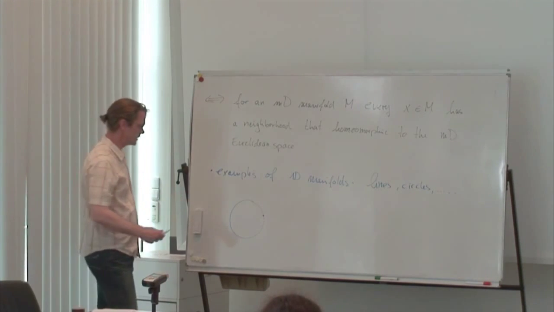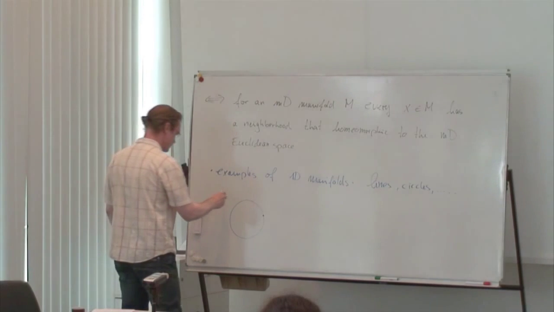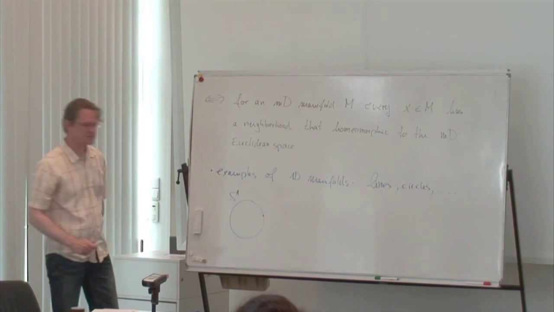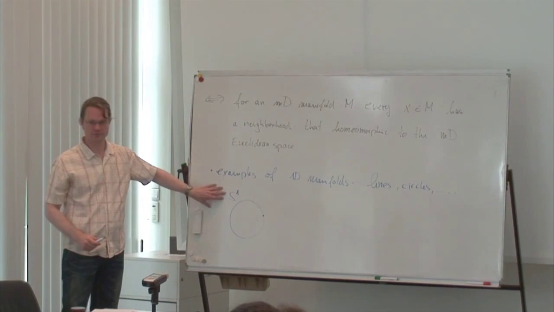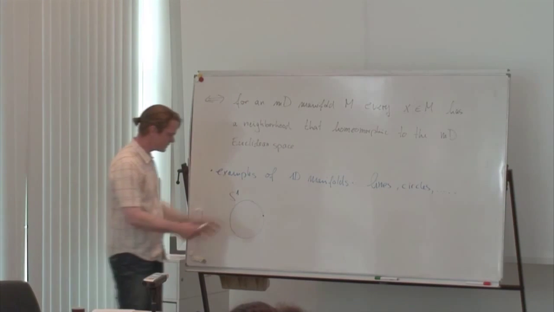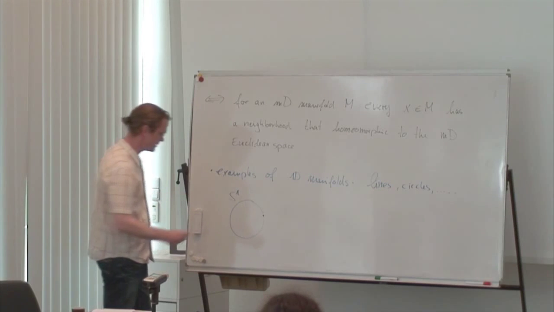Right? This circle is often referred to as the one sphere. This S has nothing to do with the state space we just discussed, but this is the one sphere. And again, why is this intrinsically one-dimensional?